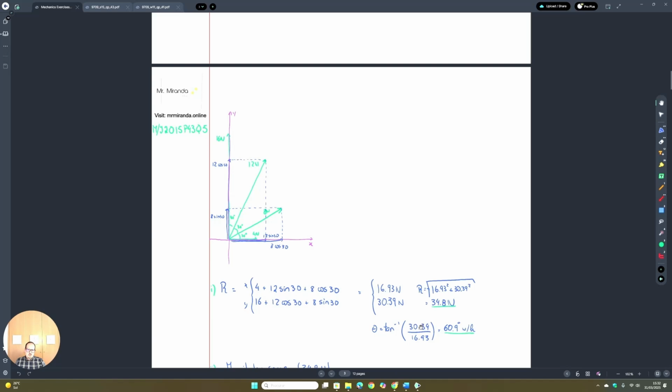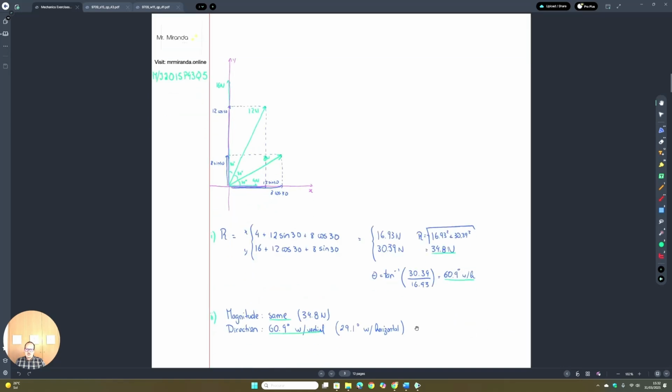I'm using the 30 divided by the 16, so I'm using y over x, so I'm calculating the actual angle in relation to the x-axis. So it's tan negative 1 of 30.39 divided by 16.93, which gives the value of 60.9 degrees with the horizontal. That's what this means, W/H, with the horizontal.